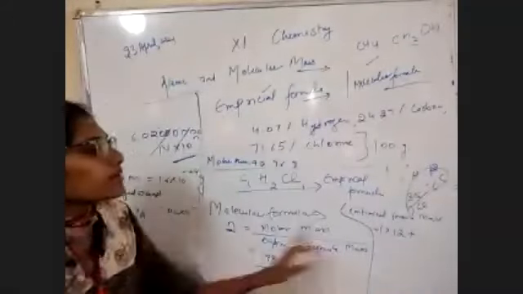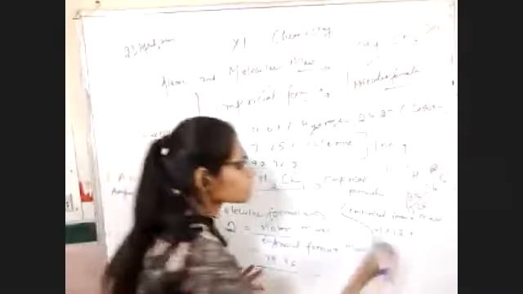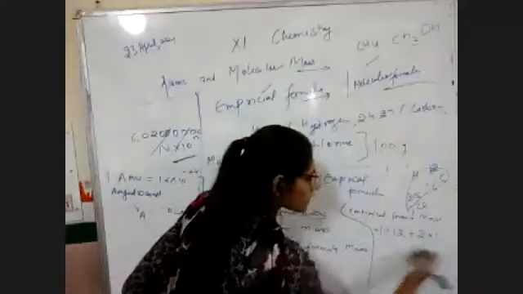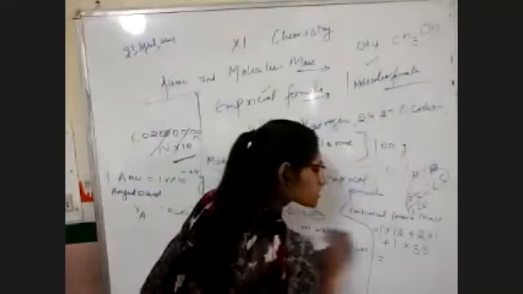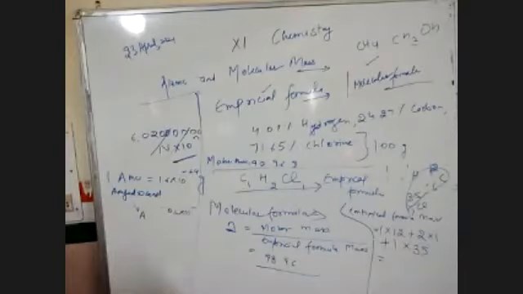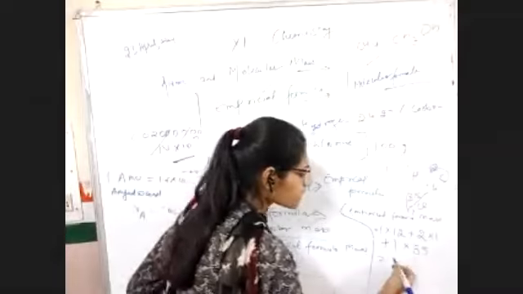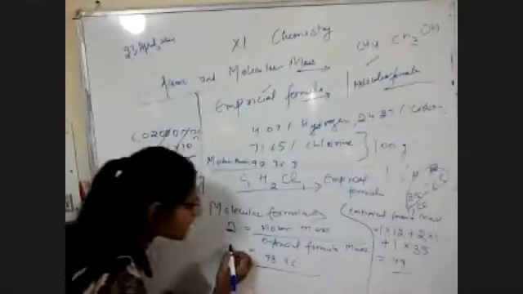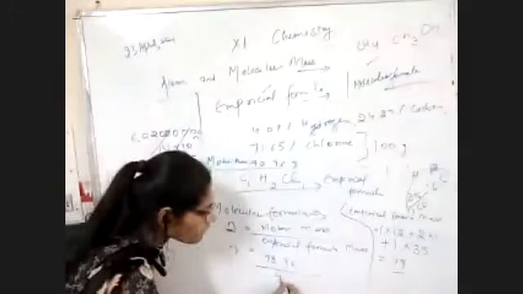What is 12? The atomic mass. Same as it is hydrogen, 2 multiplied by 1. Same as it is chlorine, 1 into 35. And if we sum up all three numbers, what would we get? We get almost 49. So N equals 98.96, which is given to you, divided by 49.